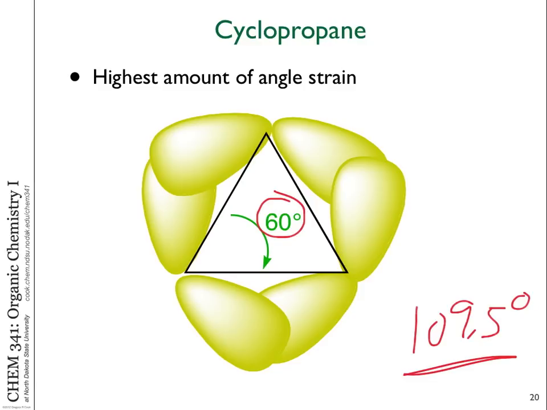As a matter of fact, this is such a small angle between the carbon here, the carbon here and the carbon here that the bonds don't even overlap. If you look at the sp3 orbitals, which overlap to form the covalent bond, they don't line up along that line to get perfect end-to-end overlap.